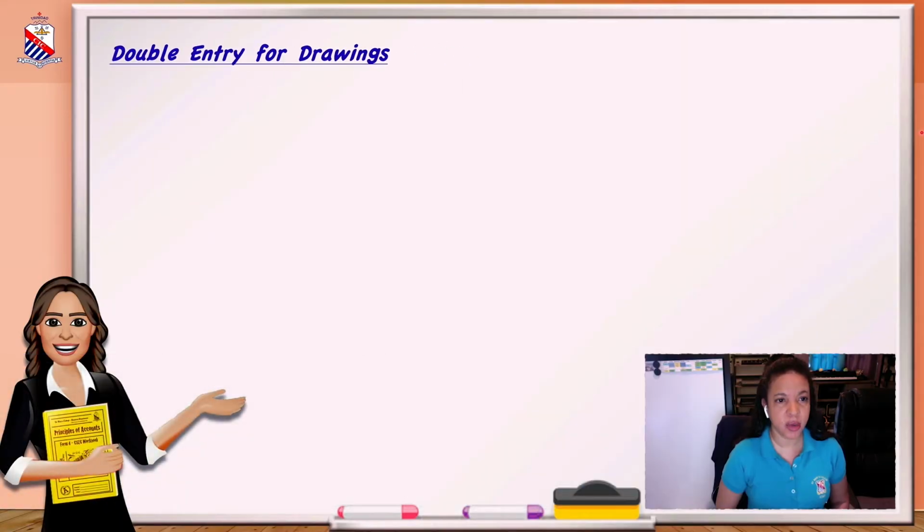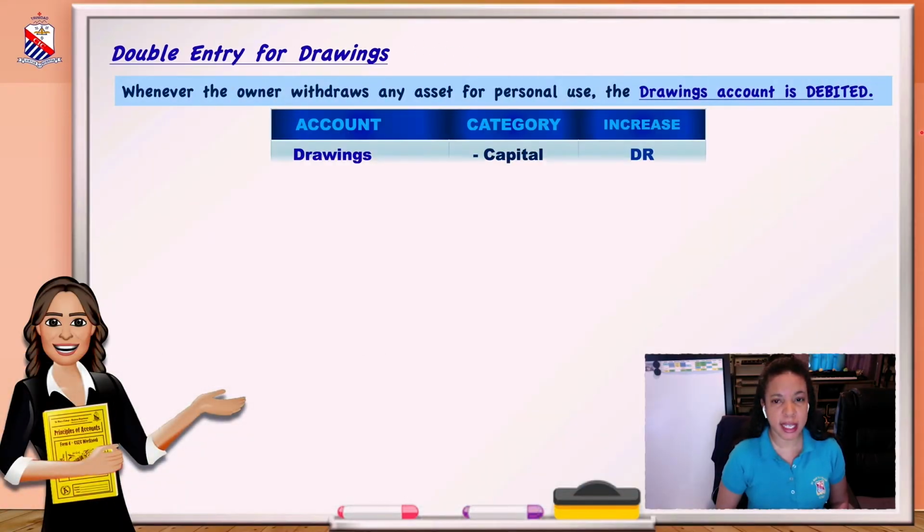So as we said, whenever the owner withdraws any asset for personal or private use, the drawings account is debited. So every single time you identify that it is drawings, you're going to debit the drawings account. But what about the other part of the double entry?